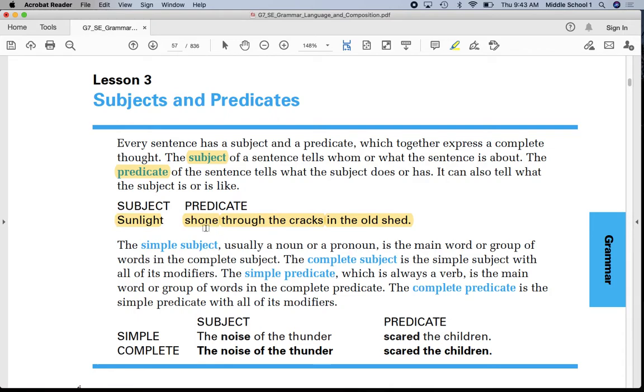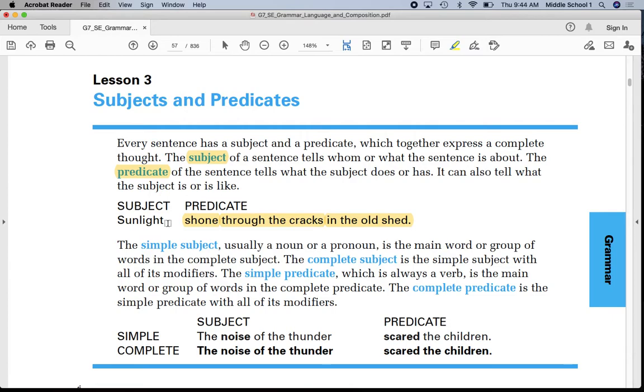Shone is the predicate. I can put a line in between sunlight and shone, and that separates the 2 parts of my sentence. This one word is also called the complete subject. These words, including the prepositional phrase, is called the complete predicate.